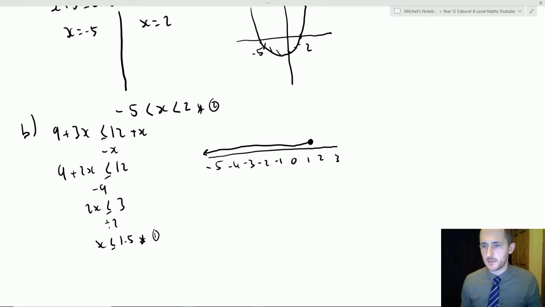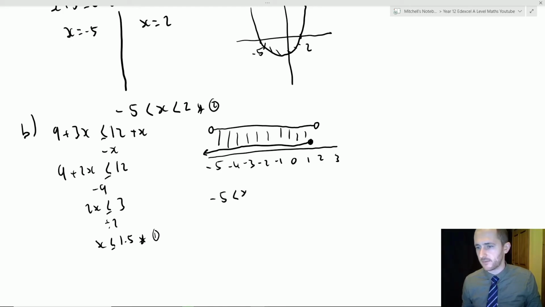Inequality 2 says it needs to be between -5 and 2. So the overlap is all of this stuff here. So it needs to be greater than -5, right? Greater because it's a hollow circle, but less than or equal to, not 2, sorry, 1.5.